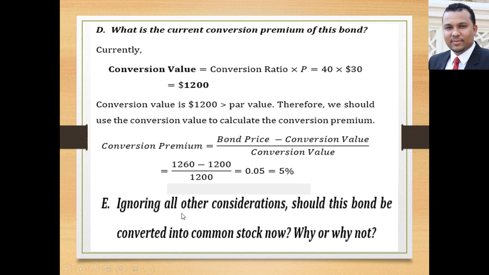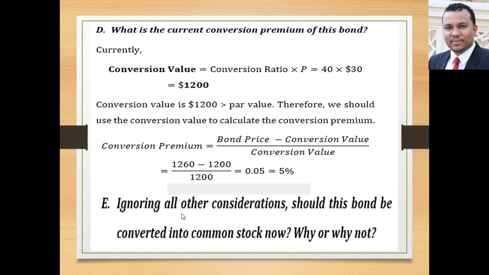The last one, ignoring all other considerations, should this bond be converted into common stocks now? Why or why not? When we talk about now, we mean that we are in year number 3 because the price equals $30.